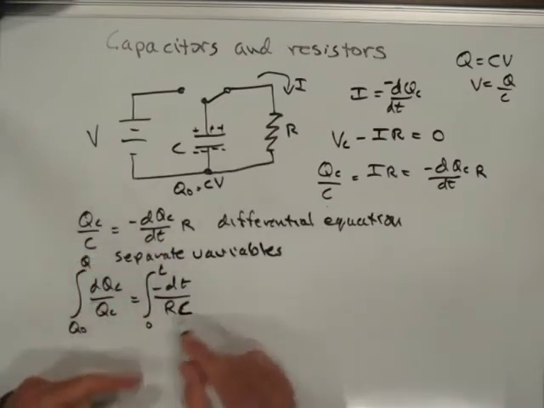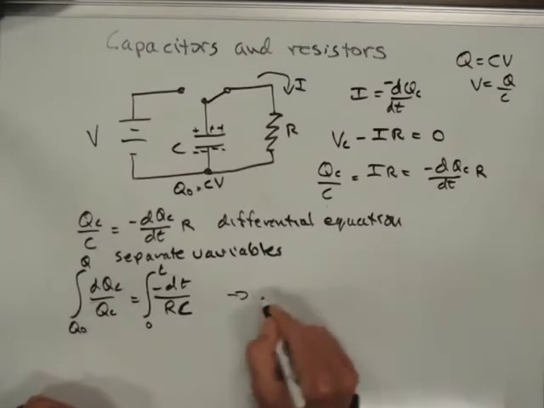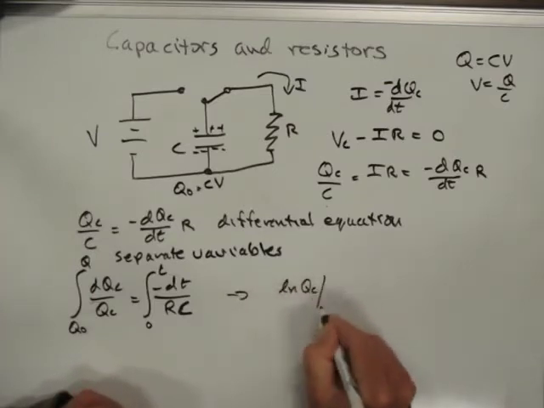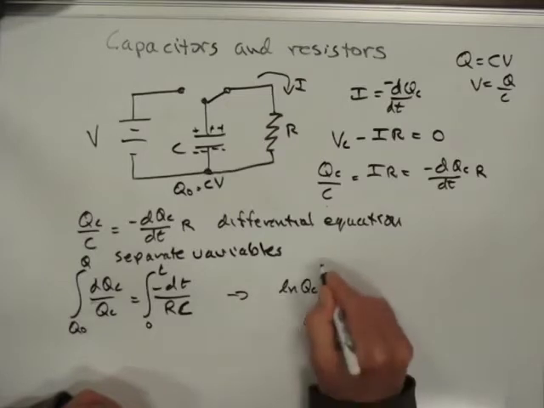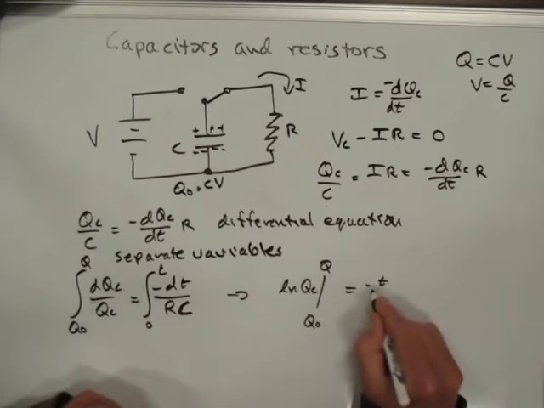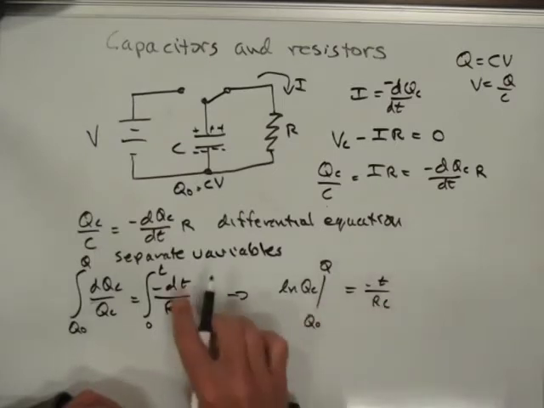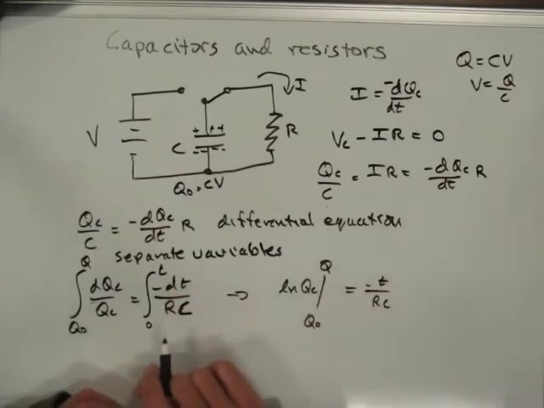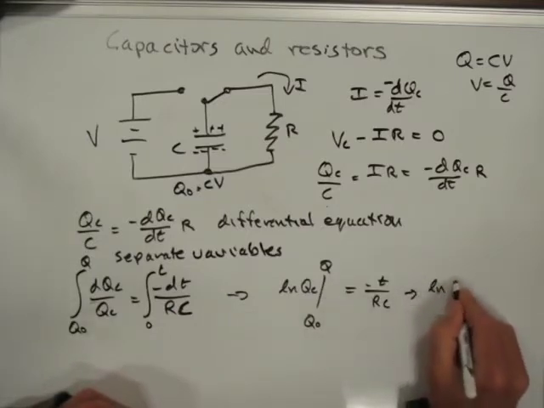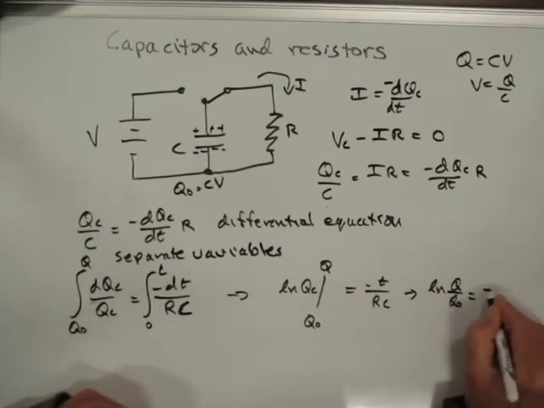Right? And so if I integrate both sides, this becomes log of Q, evaluated from Q naught to Q, equals minus t over RC, because that just integrates to t. So this becomes the log of Q over Q naught is equal to minus t over RC.